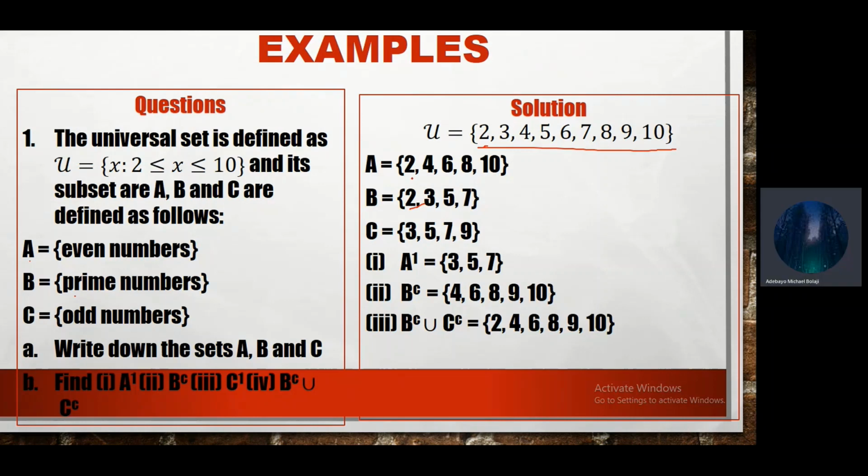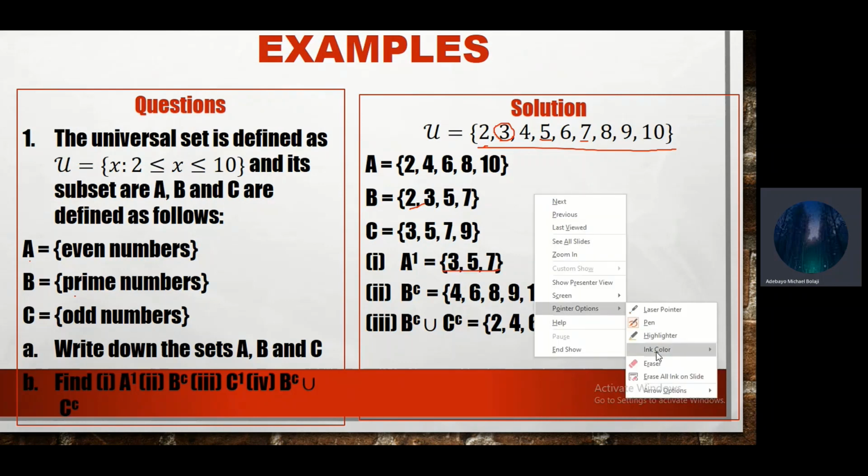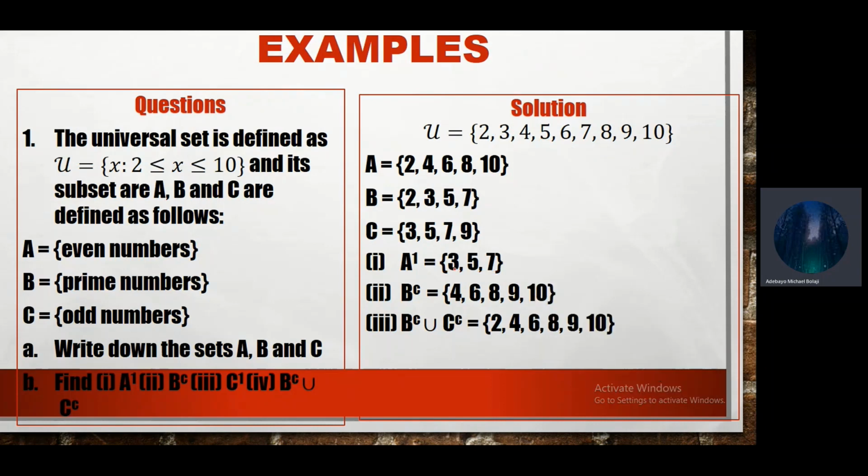Now let's look for the elements that are in the universal set but not in set A. We can see 3, 5, and 7, and also 9. So these are the elements which are in the universal set but not in set A. Is that understood? That is the definition of complement: elements in the universal set but not in that set.